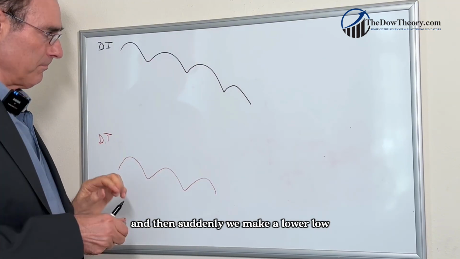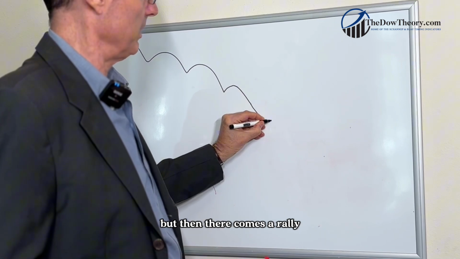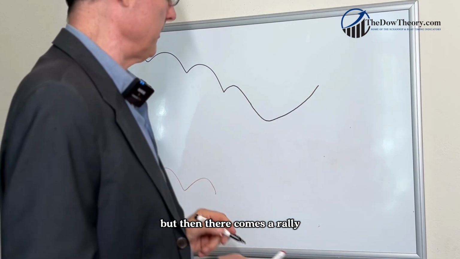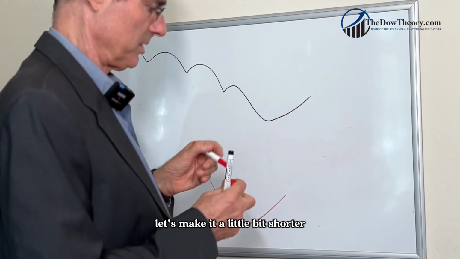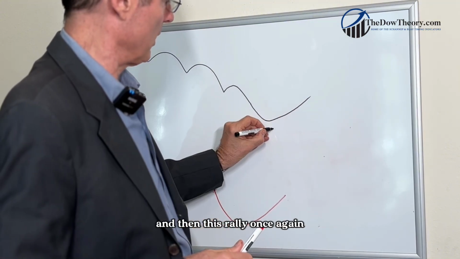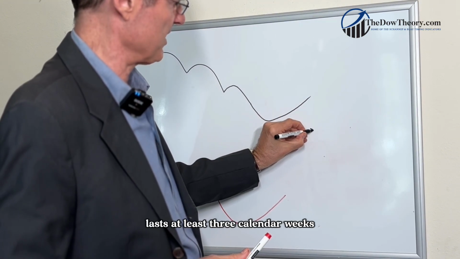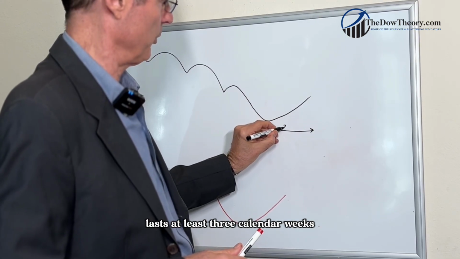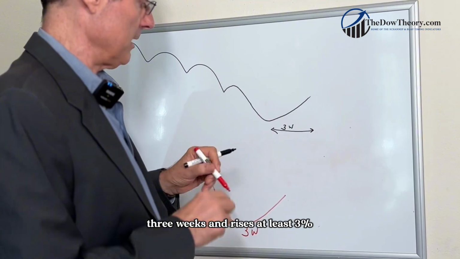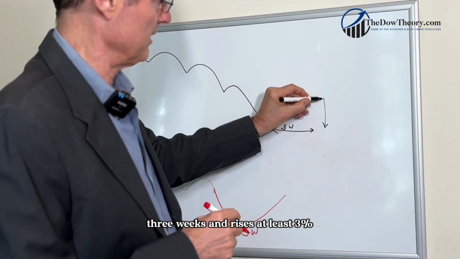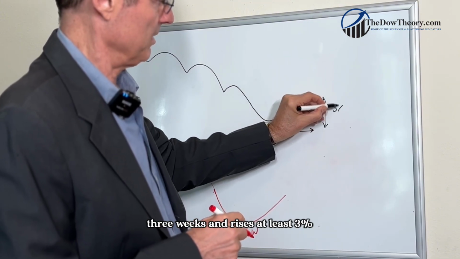We are making lower highs and lower lows. And then suddenly we make a lower low, but then there comes a rally. Let's make it a little bit shorter. And then this rally, once again, lasts at least 3 calendar weeks and rises at least 3%.